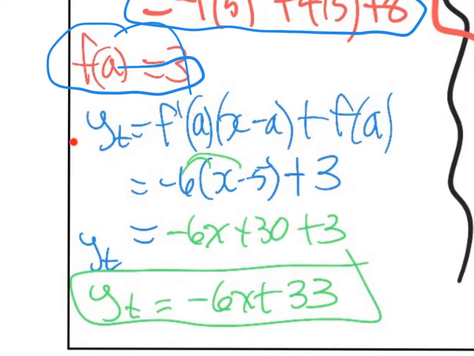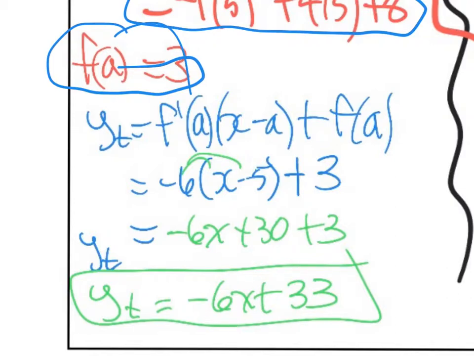There's our straight line equation of the tangent. f prime at a is just the slope of that tangent line, which we knew right off the start was negative 6. Then I have this x minus a part, which in this case is x minus 5, because our a value is 5. And then f at a, which I did above, was 3. I plug all that in, expand and simplify, and I end up getting that the tangent is y equals negative 6x plus 33.